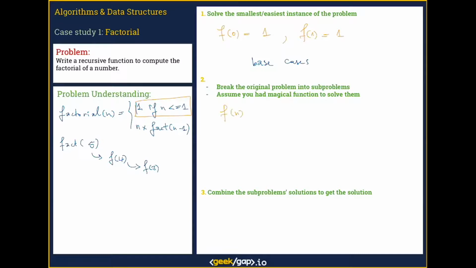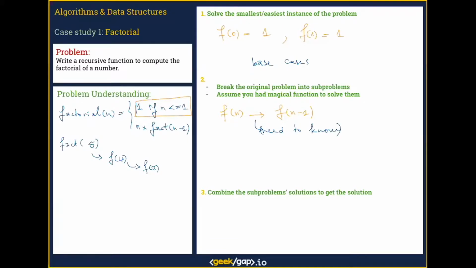If we want to know factorial of n, we need to know factorial of n minus 1. This arrow here means need to know. We need to know this guy.